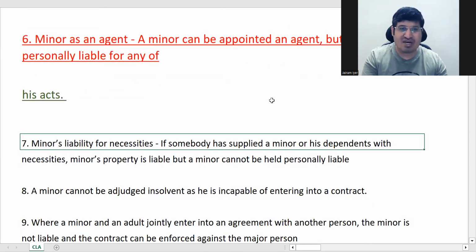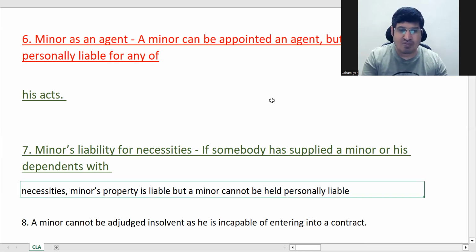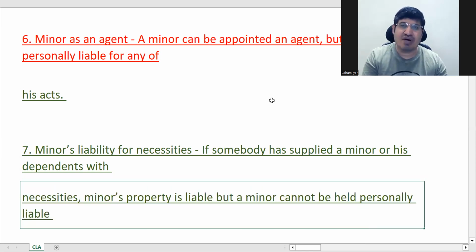Minor is liable for necessaries. If some person is supplying the minor some necessaries for his life, like kirana or things like that, then the minor's property is liable for it, but the minor is not personally liable.